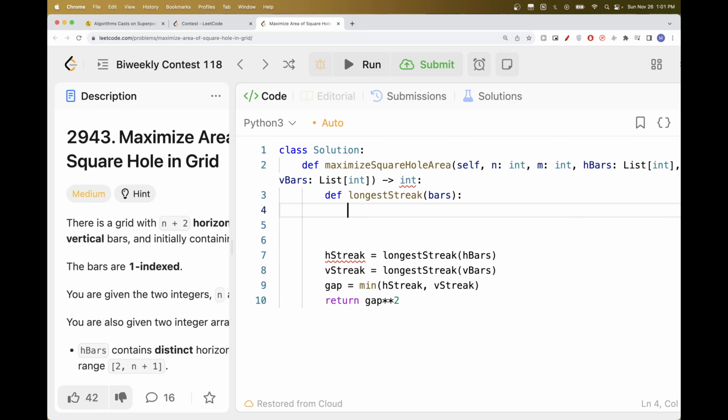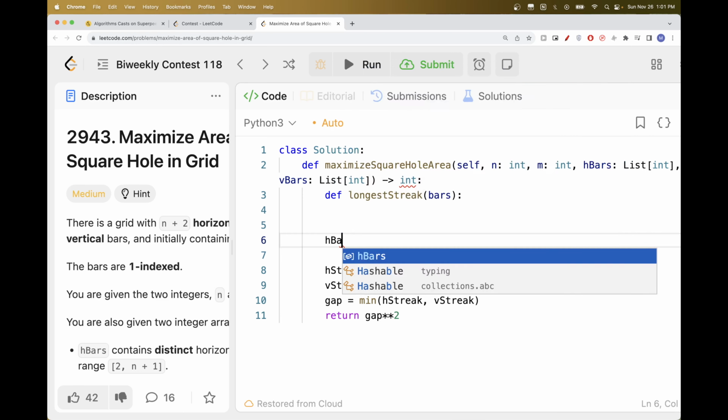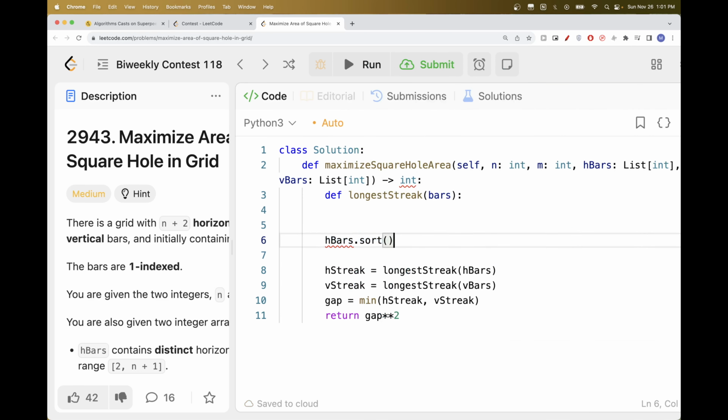Okay, so now we need to get the longest streak. Well, first we said that we want to sort the bars, because we are not guaranteed that they are sorted. And then we sort the V bars. And now, to get the best streak, we need to keep track of the current streak, right? Let's say each of them is 0 first.